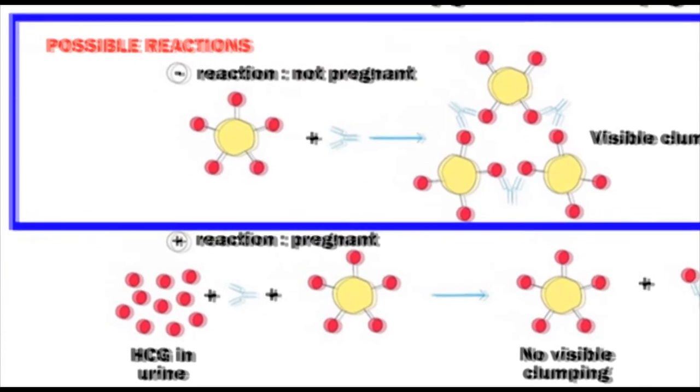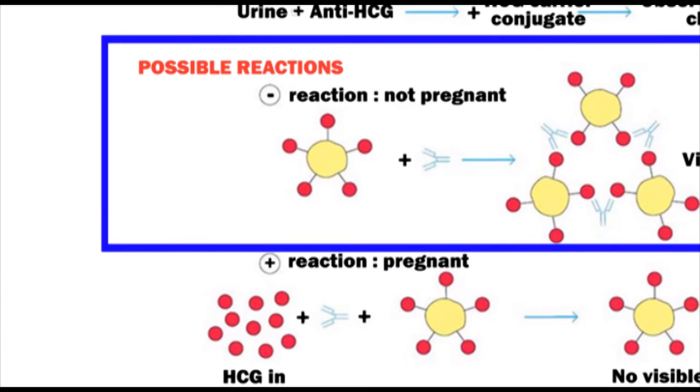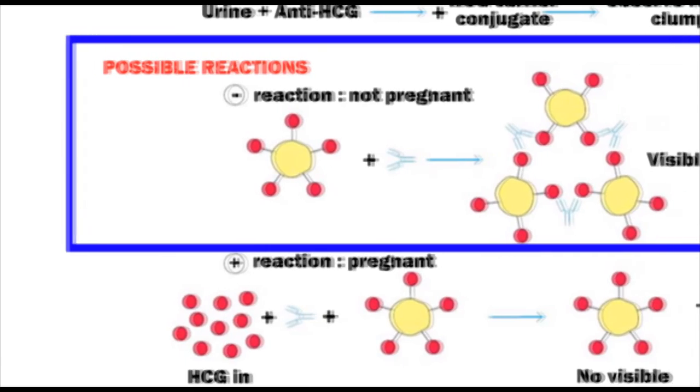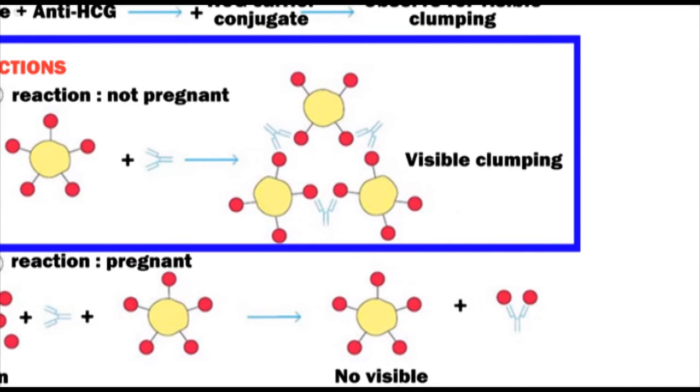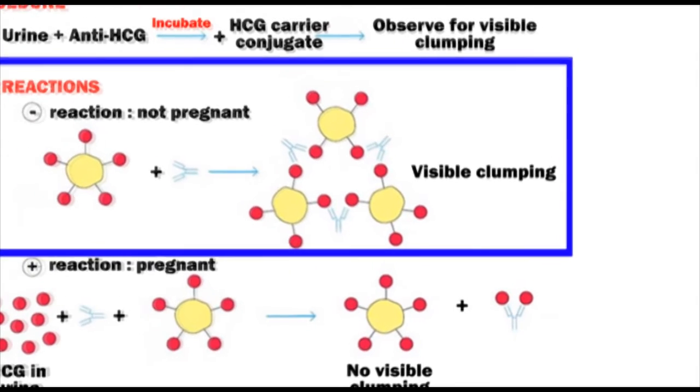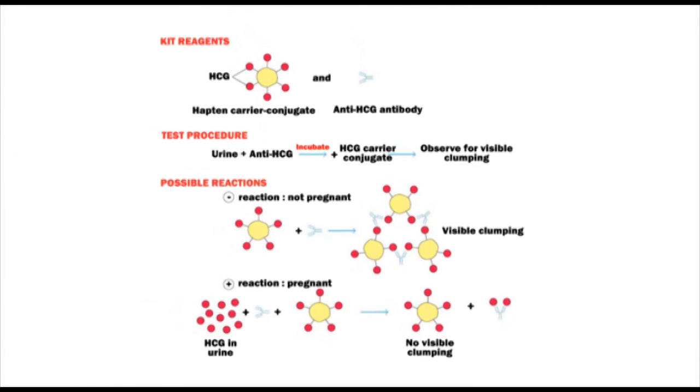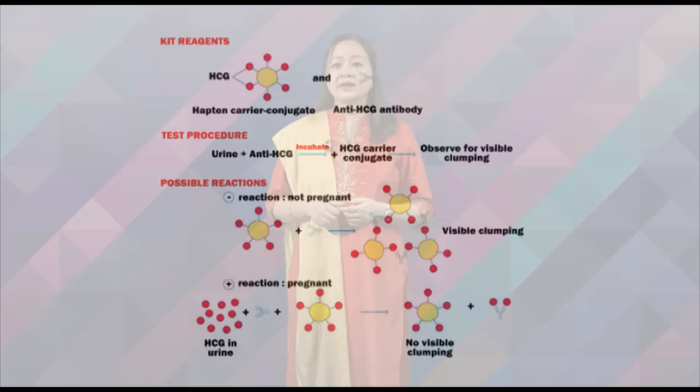If the test sample does not contain the antigen, then the antibodies will be available to bind to the hapten-conjugate particles, which leads to agglutination reaction. Assays based on these reactions are used in detection of illicit drugs like cocaine, heroin, etc., diagnosis of various viral infections, pregnancy testing, etc.